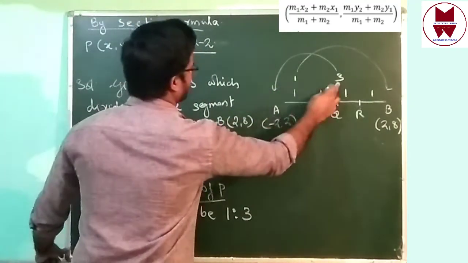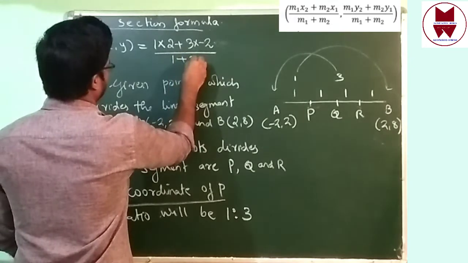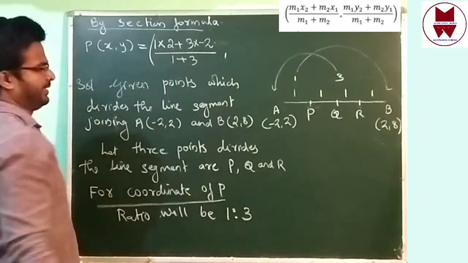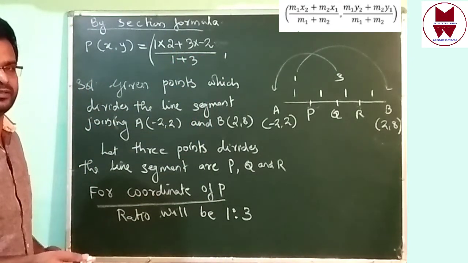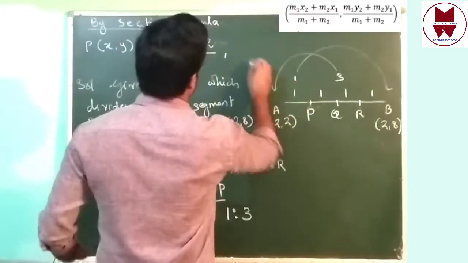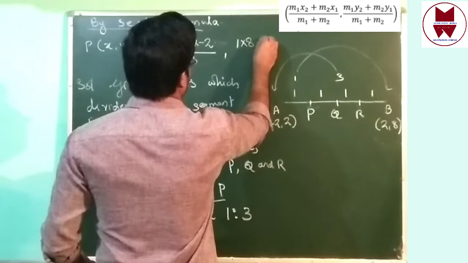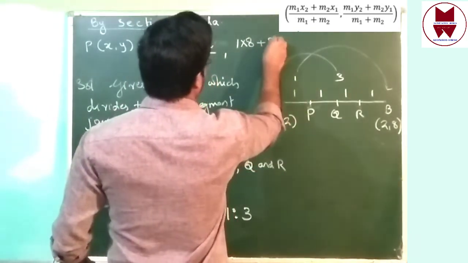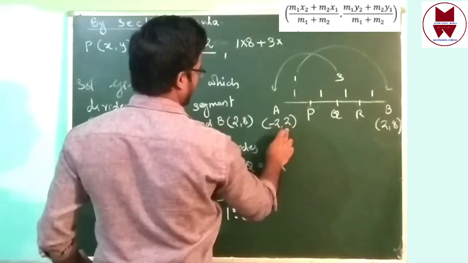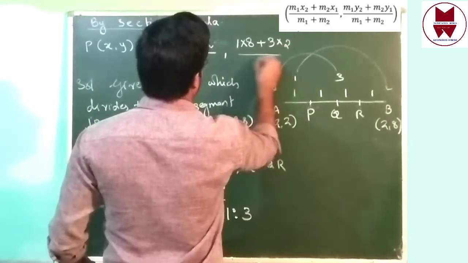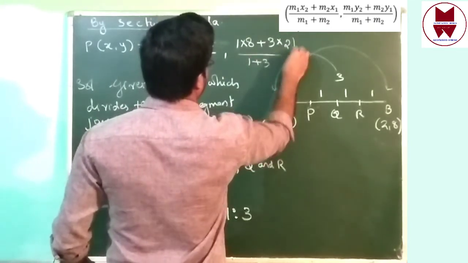M1 is 1 plus 3. Then next M1 y2, isn't it? M1 in here, 1 into y2 is 8, plus M2 is 3 into y1 is 2. Divided by 1 plus 3.